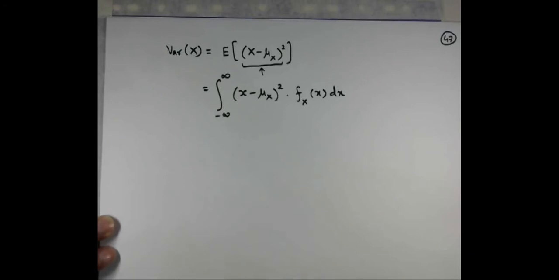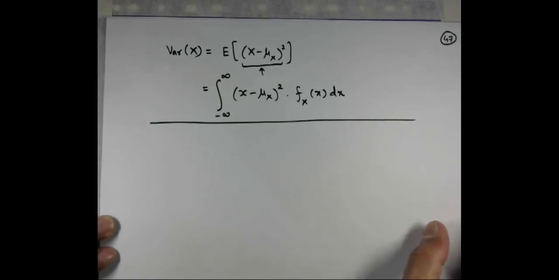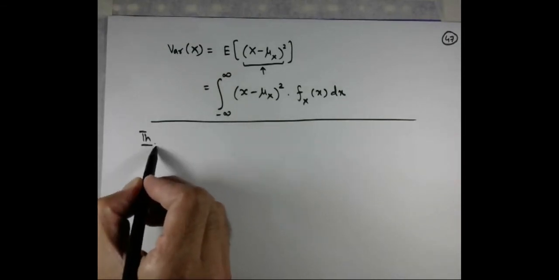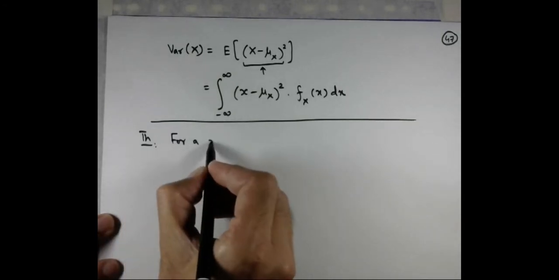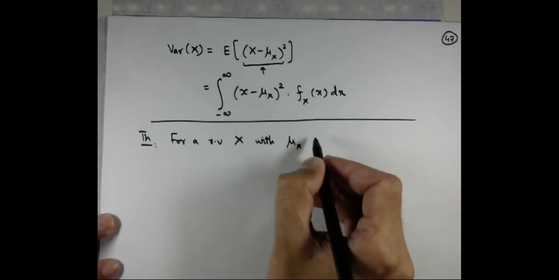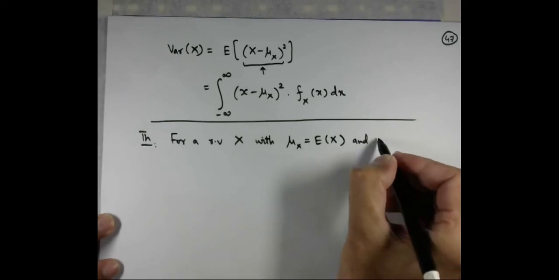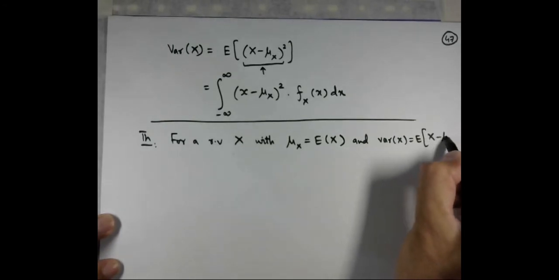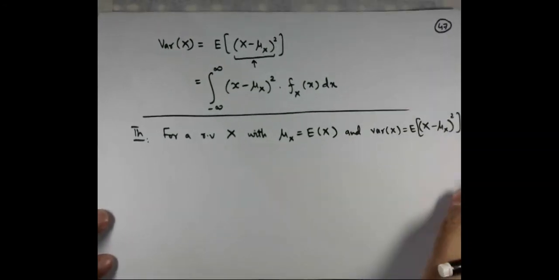A few important formulas that I'll write now, which are applicable to both the discrete random variables and the continuous random variables, and this is also given as a theorem in your textbook, and that says for a random variable x with mean mu x, sometimes you write it as mu expectation of x, and variance of x as the expectation of x minus mu x whole square, we have the following.